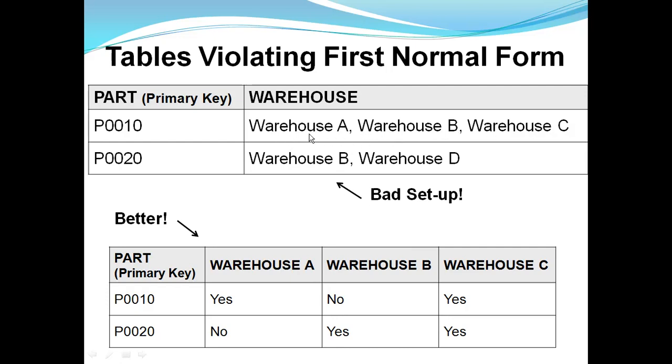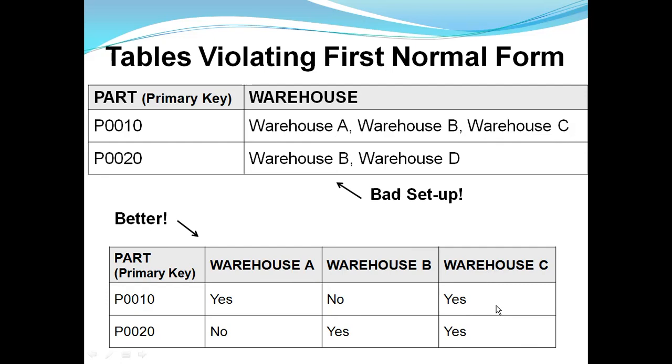It should have an atomic value. So that's why we have done it here. But here also the second rule is getting violated, and that's called a repeating group of fields. Here house A, B, and C is nothing but a repeating group of fields.